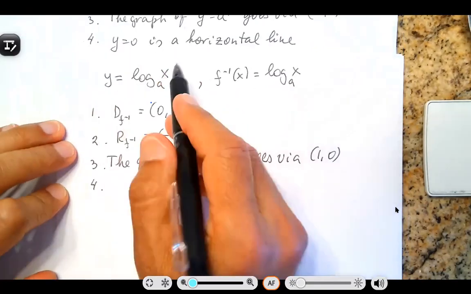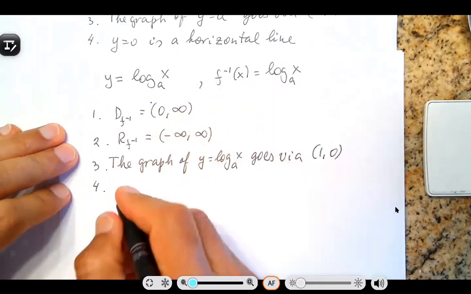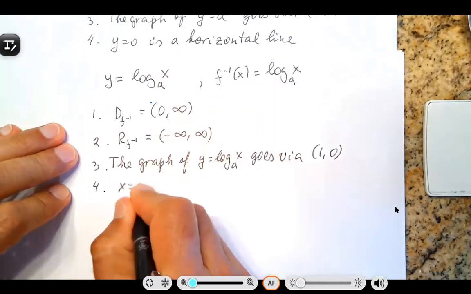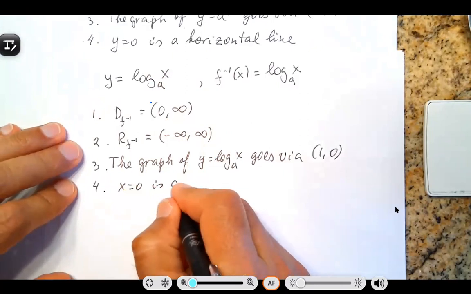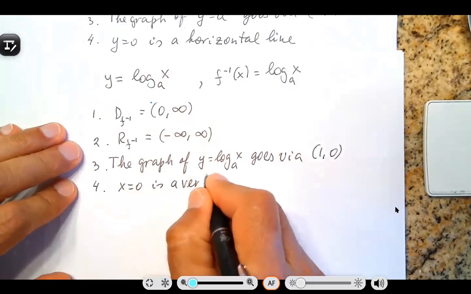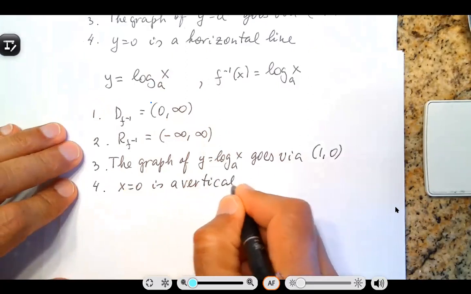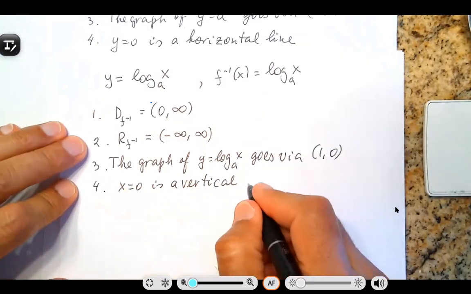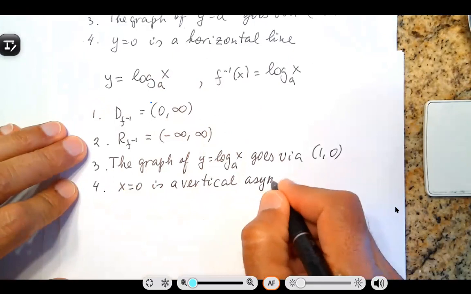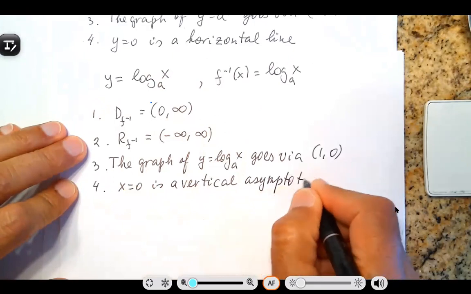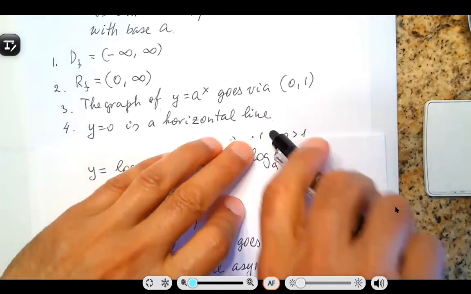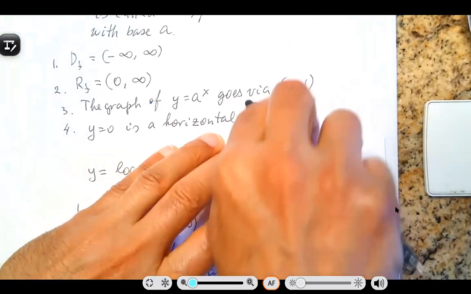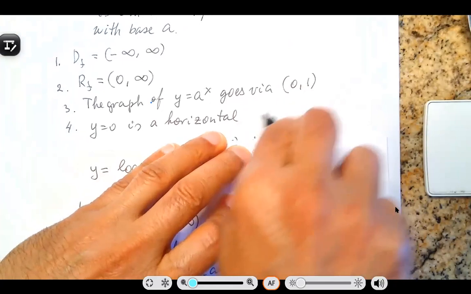So y equals 0 is a horizontal line, so x equals 0 is a vertical asymptote. I have to put the asymptote here. It's a vertical asymptote. Sorry, I have to correct this: for the exponential, it's a horizontal line, a horizontal asymptote.